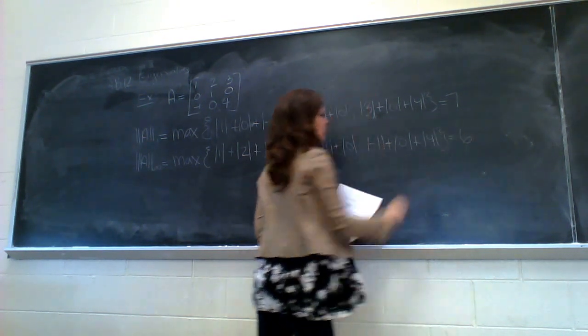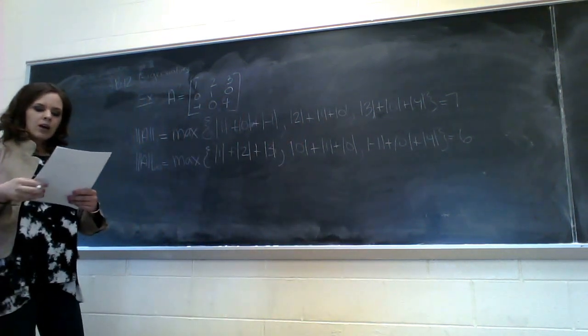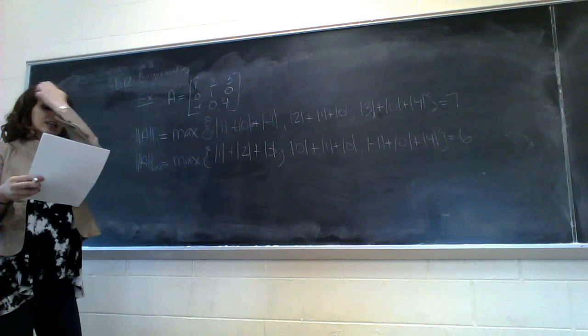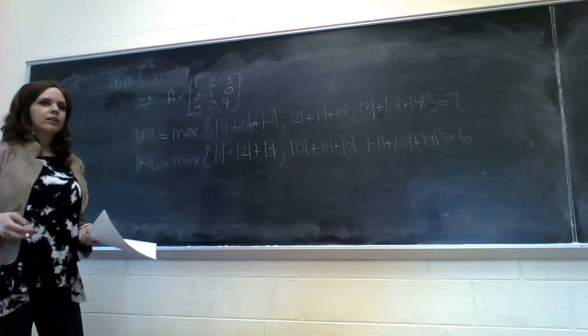Alright, so the maximum row sum here would be 6. So that's just an example of how to find the one norm or the infinity norm if you're given a certain matrix.